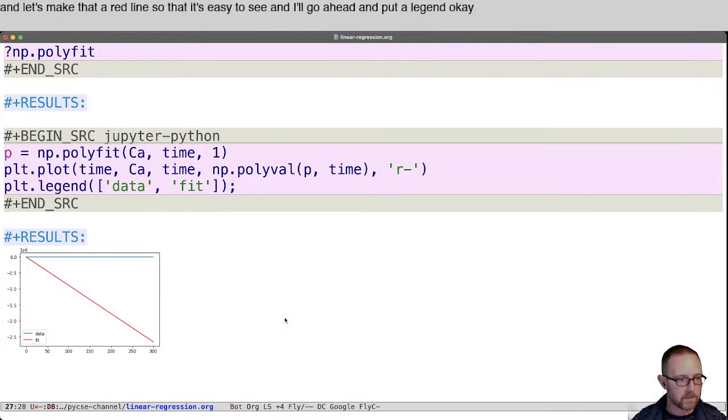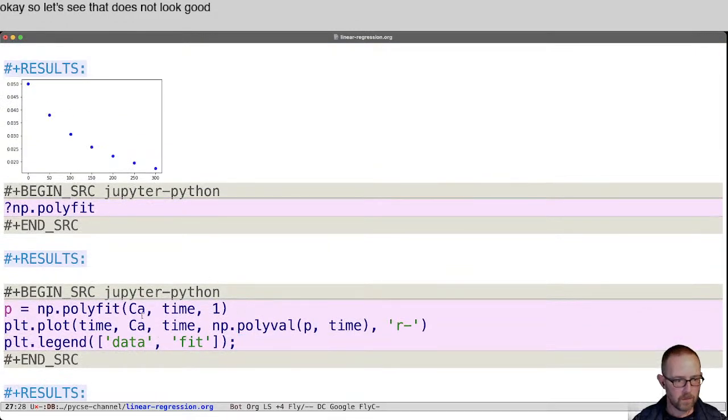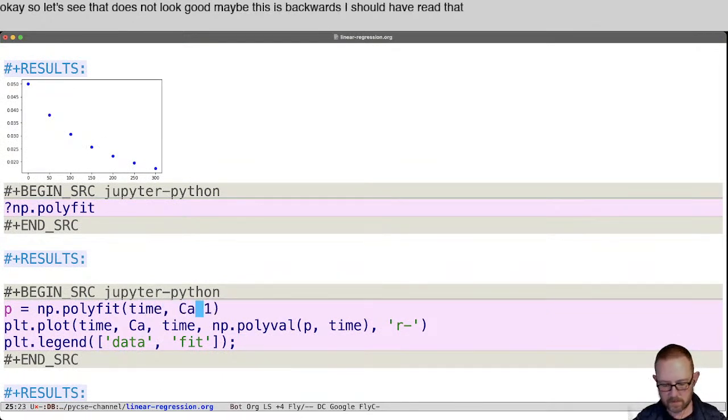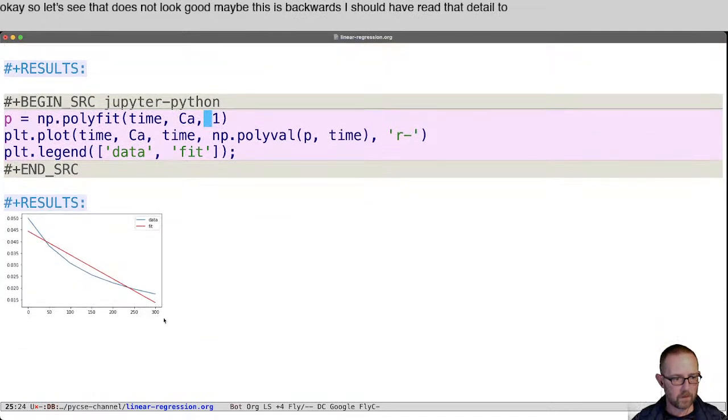Okay, so let's see, that does not look good. Maybe this is backwards. I should have read that detail too. Okay, so it's still negative, and now it fits when we do things the right way.